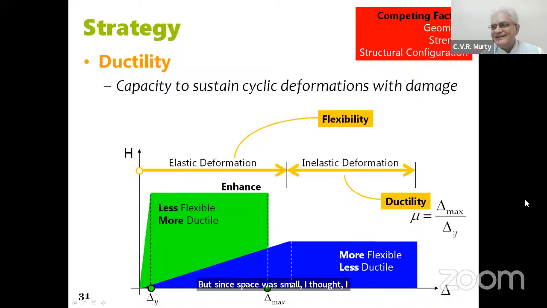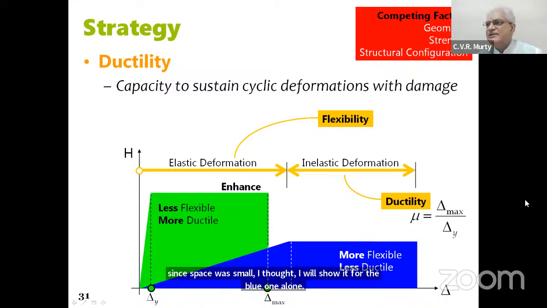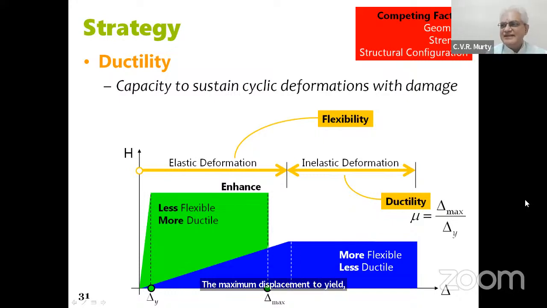Now, what is ductility? The maximum displacement to yield displacement ratio is at this level of a structure. We will use this definition. This is called the displacement ductility. And so the first case, the green structure, has less deformability, delta max, than the second case.